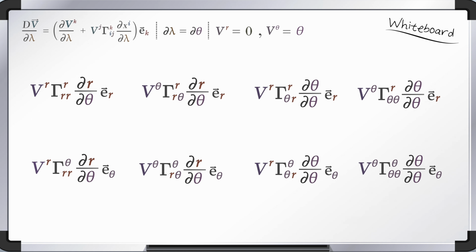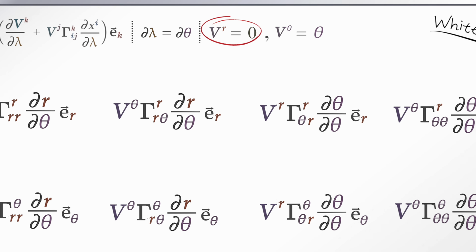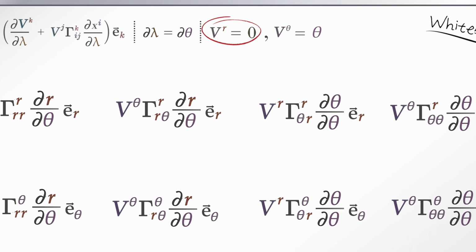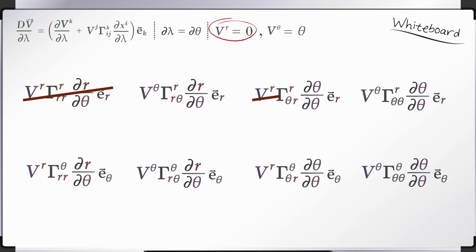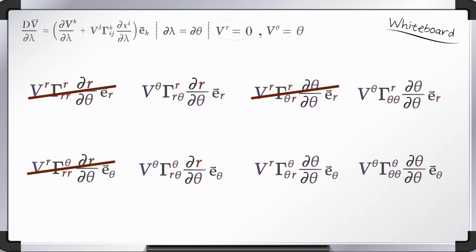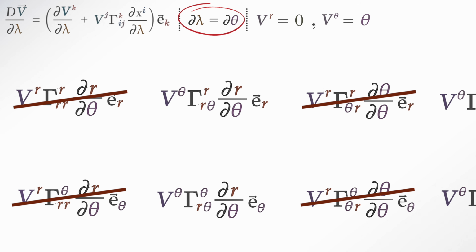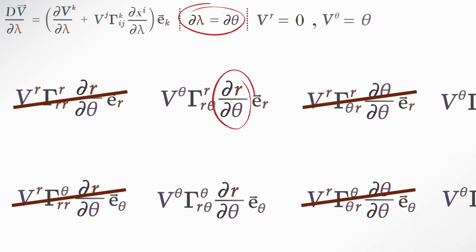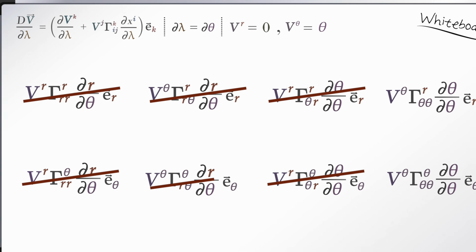However, we can shortcut this a lot by noting that v^r equals 0, so we only need to consider terms where j equals theta. Furthermore, since our displacement is only in the theta direction, dr/d theta equals 0, and we need not consider terms where i equals r.